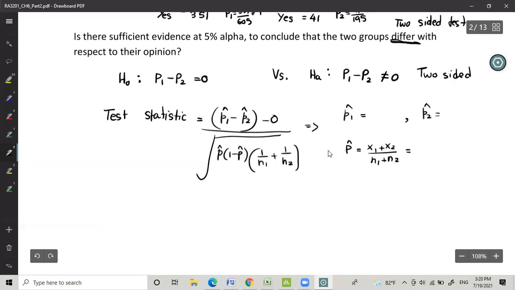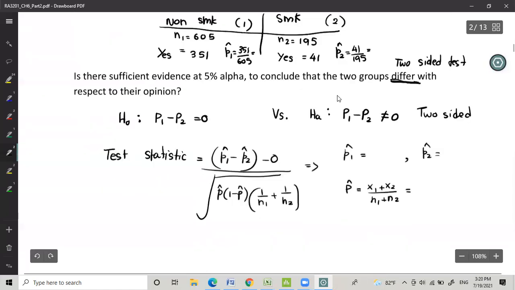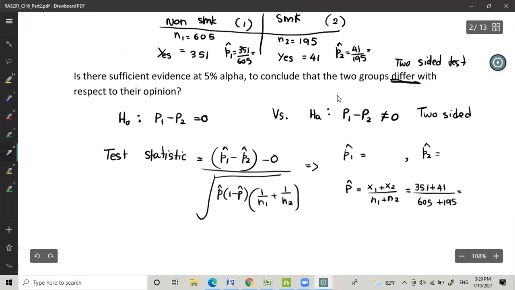So what are x1 and x2? Those are the responses, right? How many said yes? So in this case, it's 351 plus 41 divided by sample size, 605 plus 195. Okay, so we have p1 hat is 0.58, thanks. And p2 hat is 0.21, okay, that's correct.